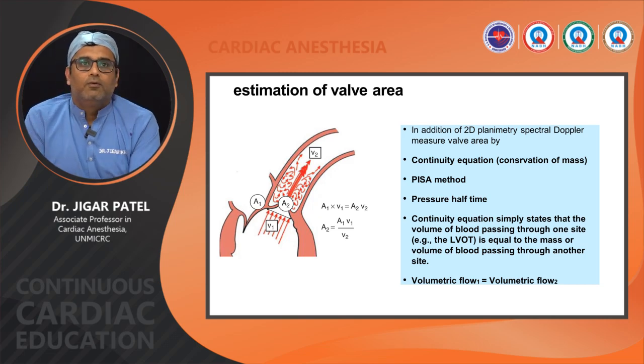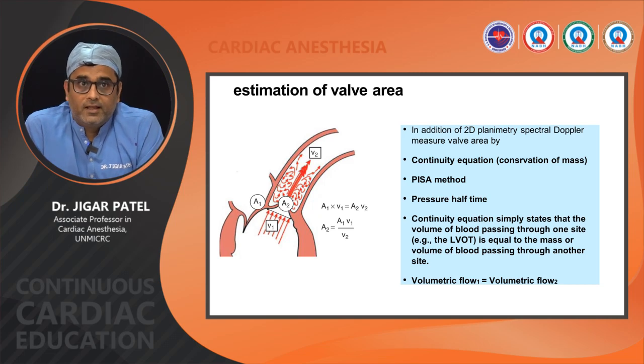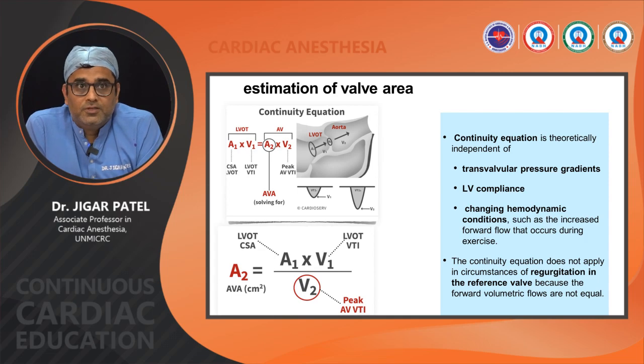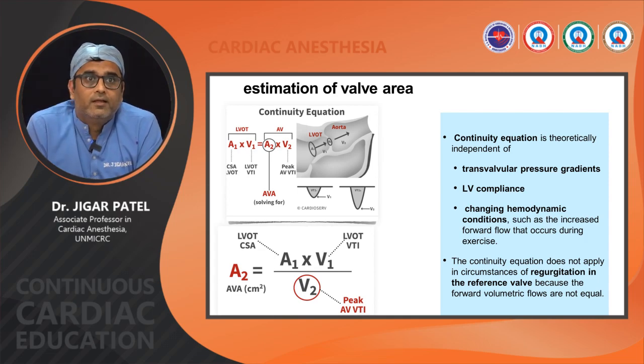The volumetric flow at one site, as you see in the image at the LVOT, is similar to the volumetric flow at another site, like the aortic valve. If you know the LVOT velocity or VTI and cross sectional area, and similarly the peak velocity across the stenotic aortic valve, then you can calculate aortic valve area by applying the continuity equation.